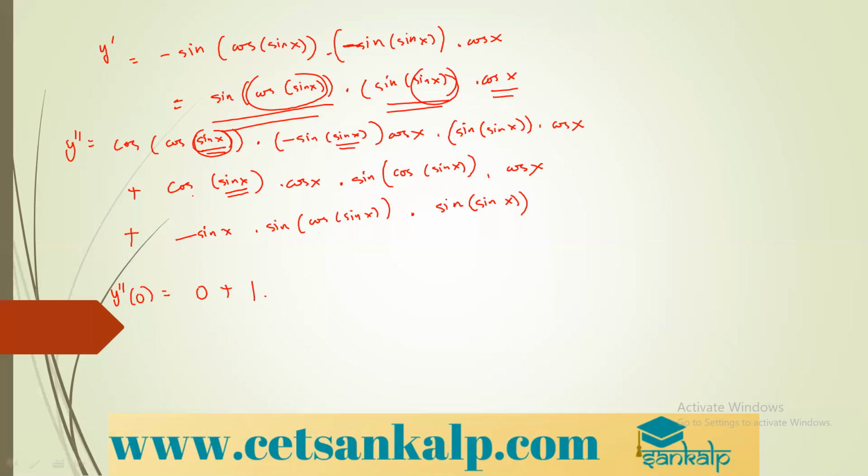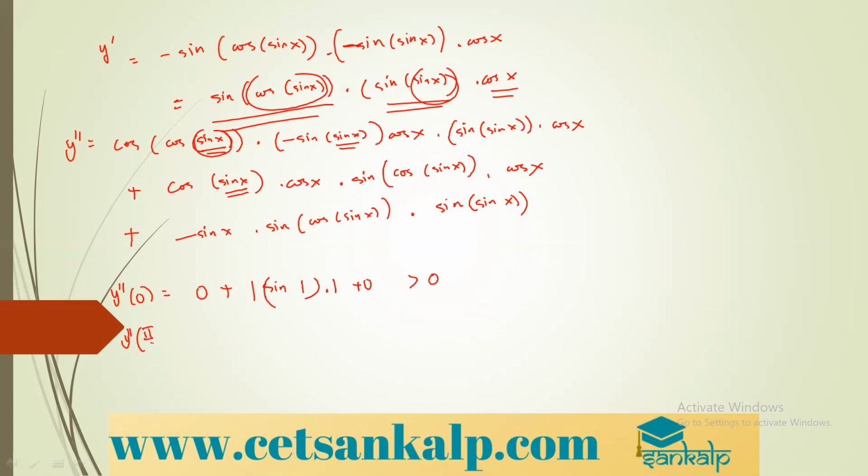Cosine 0 is 1. And here also cosine 0 is 1. So 1. Then here sine 0 is 0, cosine 0 is 1, sine 1 you will have. And last one is cosine 0, which is 1 again. Next here, sine 0 is 0, so the last term will become 0. So here you are getting a positive value.